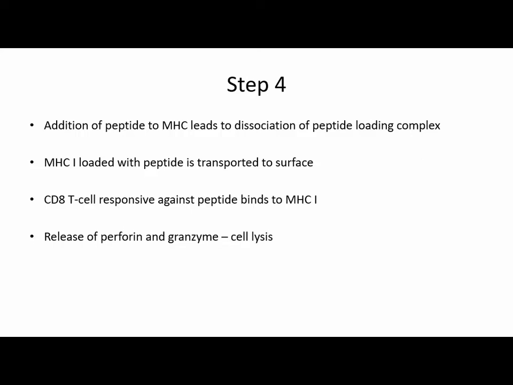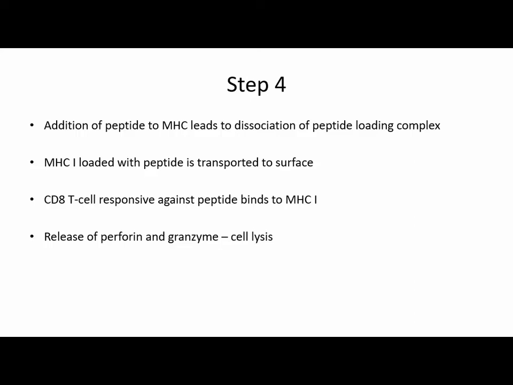And at that point, once the peptide binds to the peptide binding groove of MHC1, the peptide loading complex disassembles. And it disassembles in a way that it releases MHC1 with the epitope. And at that point, the MHC1 loaded with the epitope makes its way towards the Golgi apparatus. It gets packaged and transported to the surface.